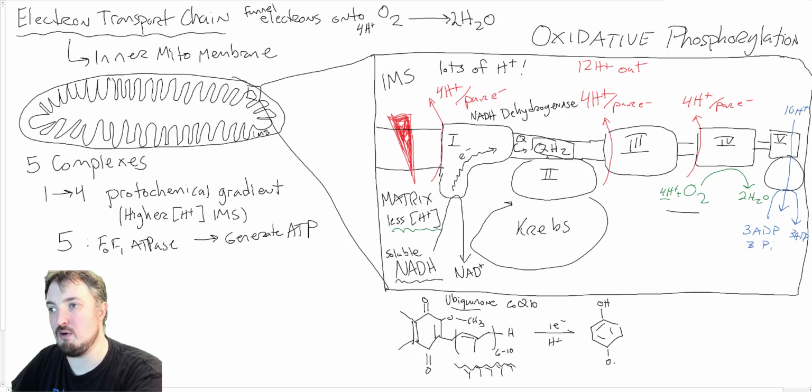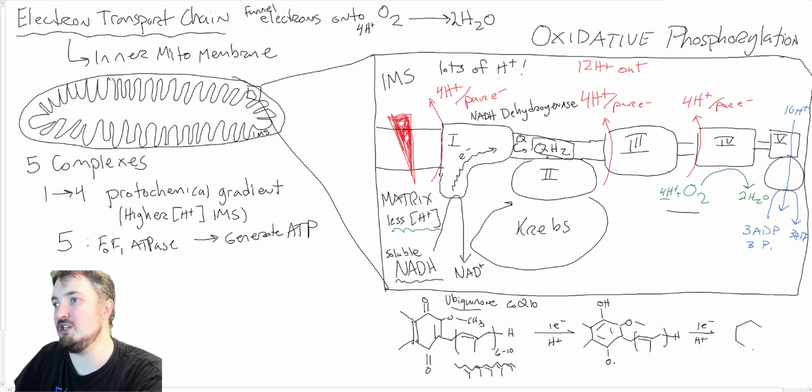What we do is we form a radical semiquinone, which is stable, and so this guy can hold on to 1 electron at a time, so it's a radical. Or we can pick up a second one and form what's called QH2, or ubiquinol.